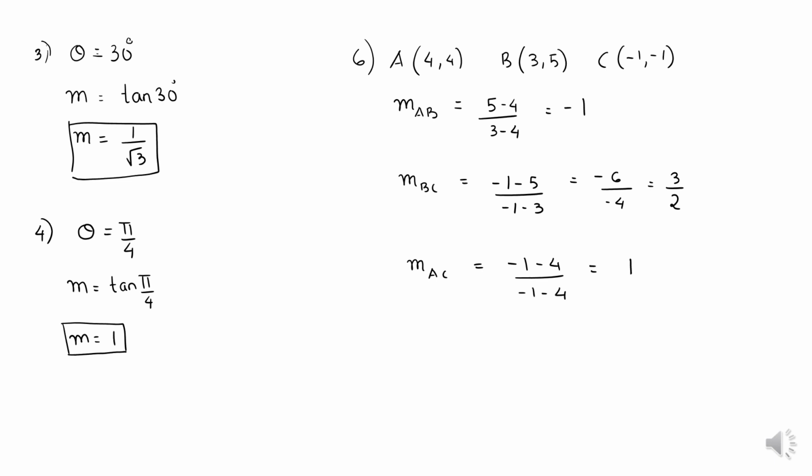Now if you observe carefully the relation, the slope of AB into the slope of AC, you will get -1 into 1, that is -1.